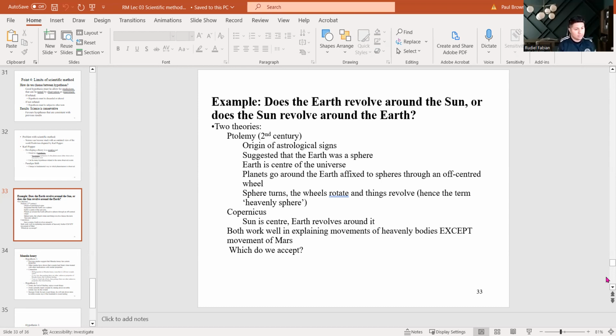So both of the theories explain the data equally well. There's no way to look at the data and say this theory definitely does better than that one, because they both can explain it. The only flip is that in the Earth-centered one, you've got to just accept that every once in a while Mars does a flip, that God created it so that Mars flips every once in a while.